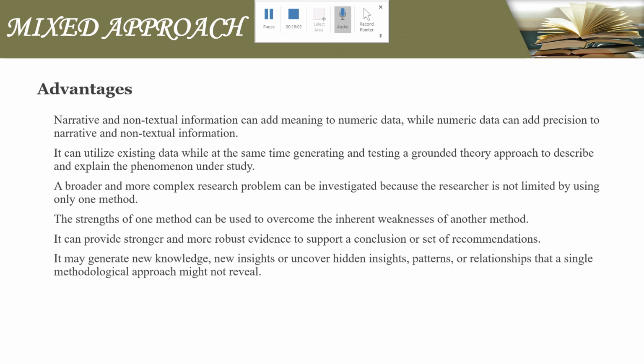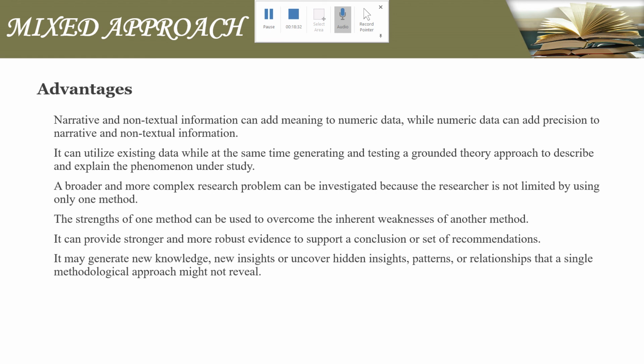It may generate new knowledge, new insight, or uncover hidden insight, patterns, or relationships that a single methodological approach might not reveal. For instance, if you are conducting a qualitative study, there are some quantitative data that you cannot reveal. Therefore, the precision in your results will be less. And when you are conducting a quantitative study, there will not be more meaning or explanation to your numeric data.